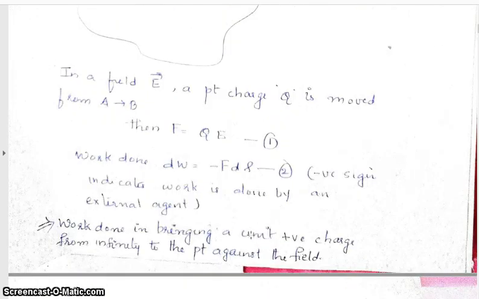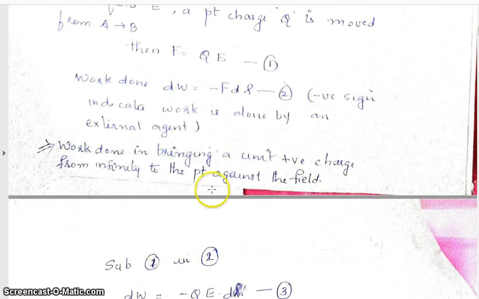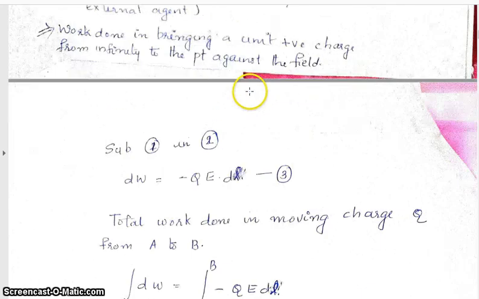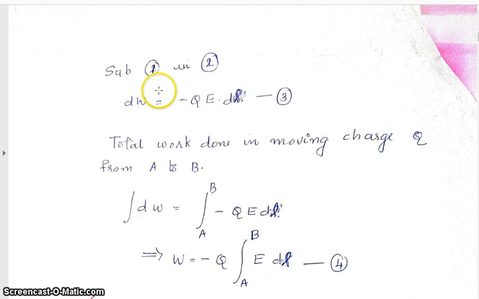Now what I am going to do is I am going to substitute equation 1 in 2. So I can write dW is equal to minus QE into dL. So dW is a small work done. So if I have to find the total work done in moving the charge Q from A to B, then I have to integrate.